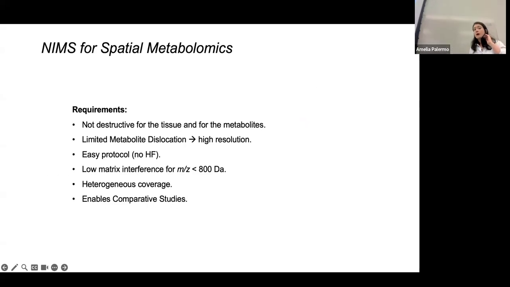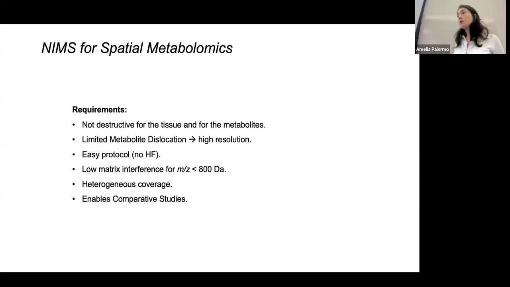So in order to do so, we first had to verify that this approach could satisfy a list of requirements, and particularly it should not be destructive for the tissue and for the metabolites, right? It should be soft enough for measuring the tissue without creating complete depletion. It should have limited metabolite dislocation, meaning that when we use a hydrophilic matrix, because it's dissolved on the surface of the sample, if it's not evaporated fast, it can dislocate the metabolites, right?